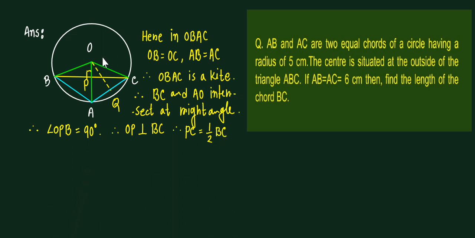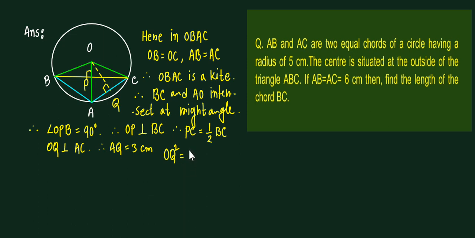Okay, now OQ is the perpendicular from the center on the chord AC. The length of AC is 6 centimeter. Therefore OQ perpendicular AC, so AQ equal to 3 centimeter. Now we have to find out OQ. So OQ square, OQ is the perpendicular, so OQ square equal to hypotenuse square OA square minus AQ square.